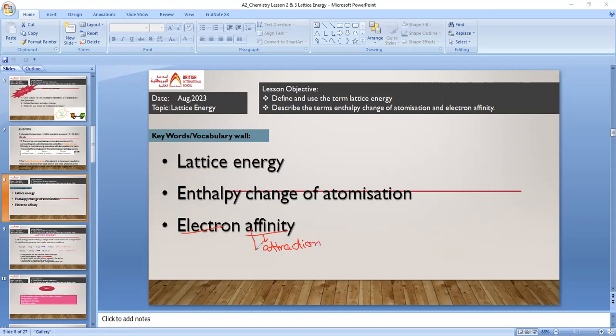It's about electrons, when 1 mole of electrons is added to a gaseous atom, and energy is released. Obviously, we cannot form an electron, so we cannot write that 1 mole of electrons is formed. When 1 mole of electrons is added to 1 mole of gaseous atoms, the energy change is called electron affinity.